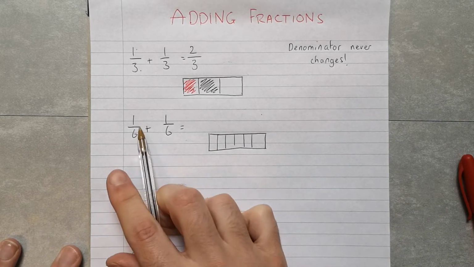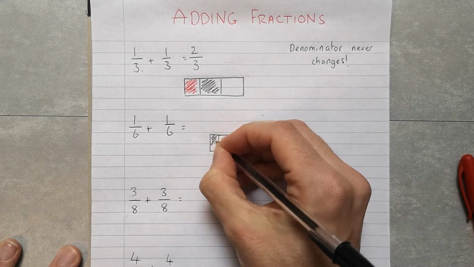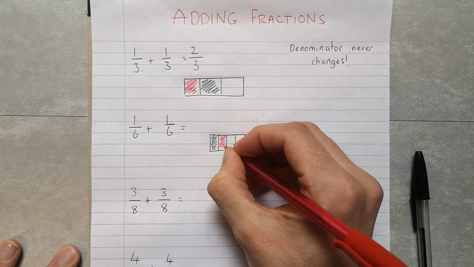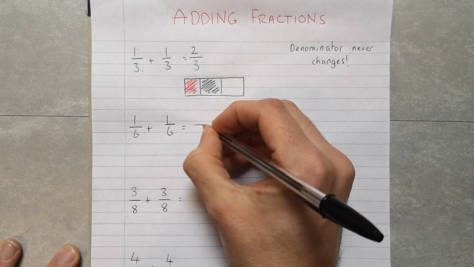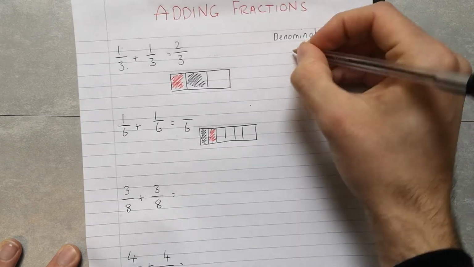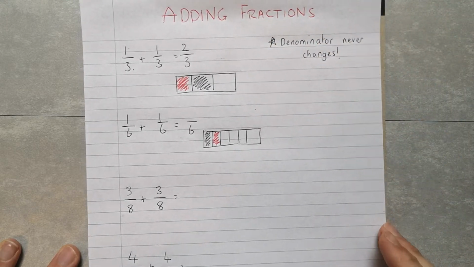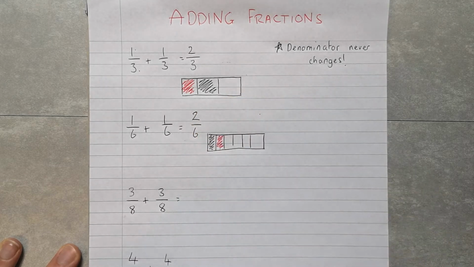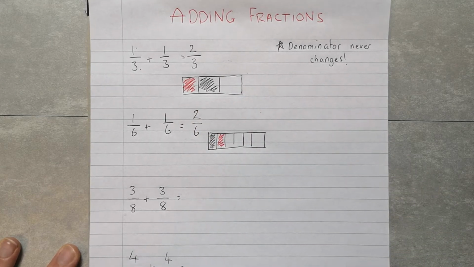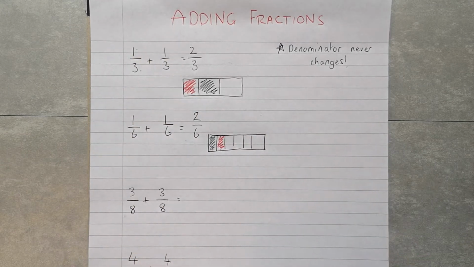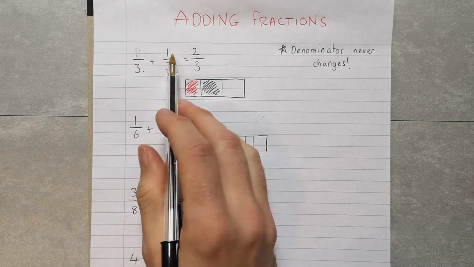I eat 1 slice, my friend eats the other slice. I know that my pizza's out of 6 because my denominator never changes, it's up here. So I've got 2/6. Nice and simple, especially when you've got the same denominator and the same numerators at the start.